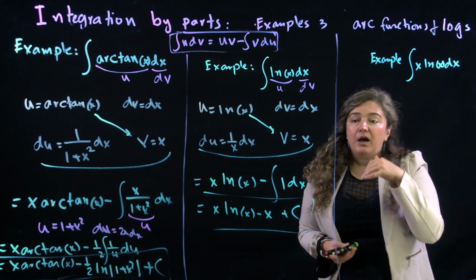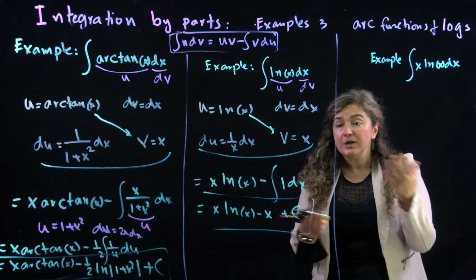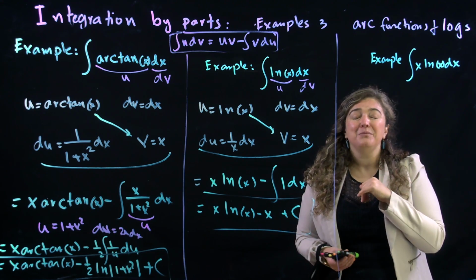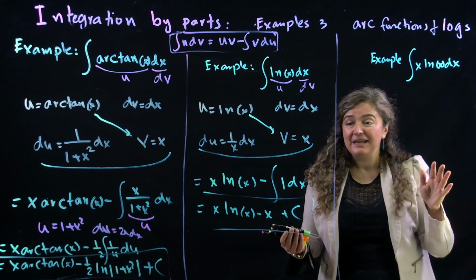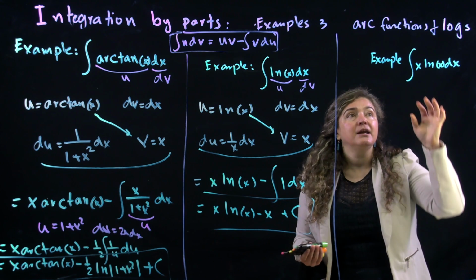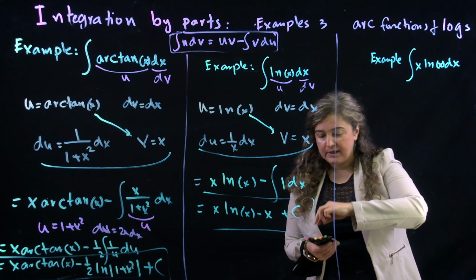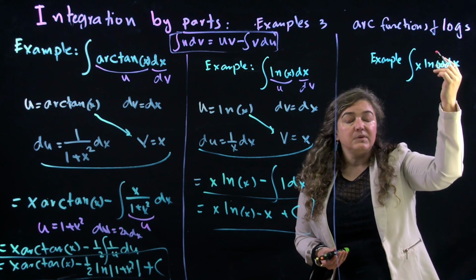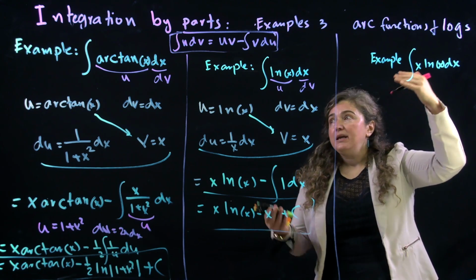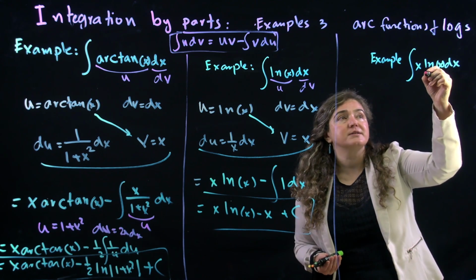I suspect it should be the other way around. You can try other methods, but they make it a lot more complicated. The best method is to go with your instinct and choose natural log of x as u, just like you did over here. So exponentials and sine and cosine are different from natural log of x and arctan of x when using integration by parts.